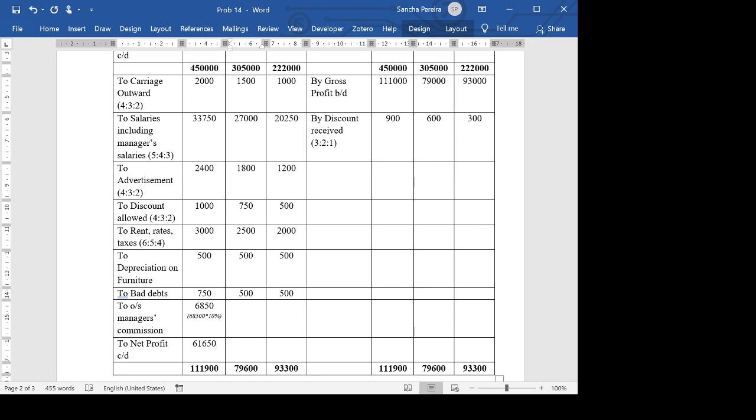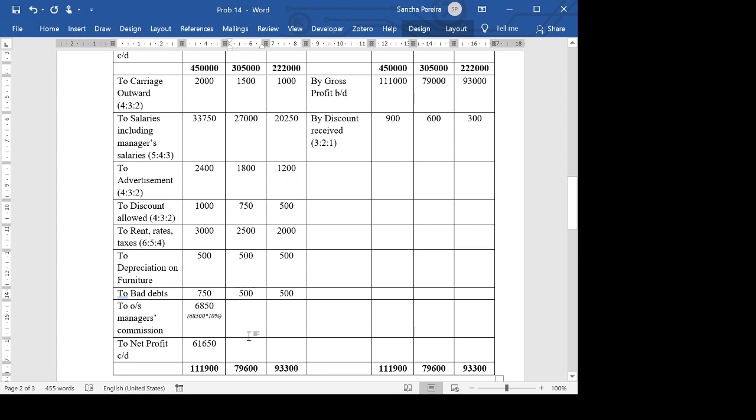Next, go to the next department. 79,600 is the total minus all these expenses. This will be 28,500 minus 1,800 minus 750 minus 3,035.